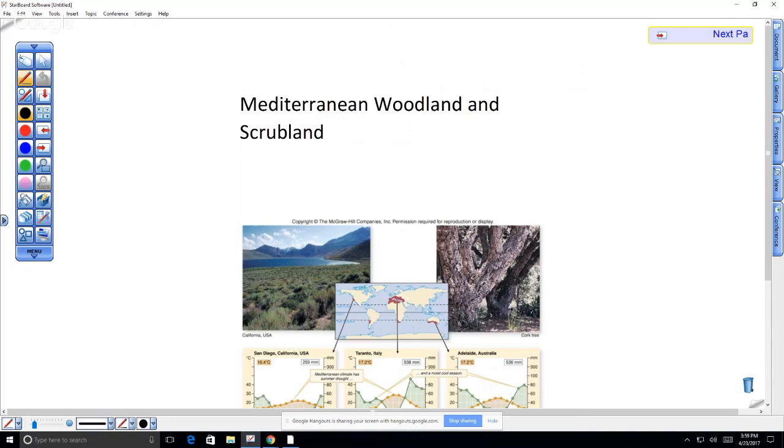Okay, so we can also find the Mediterranean woodland and scrubland. This is, for example, Southern California. And this is characterized by evergreen shrubs.